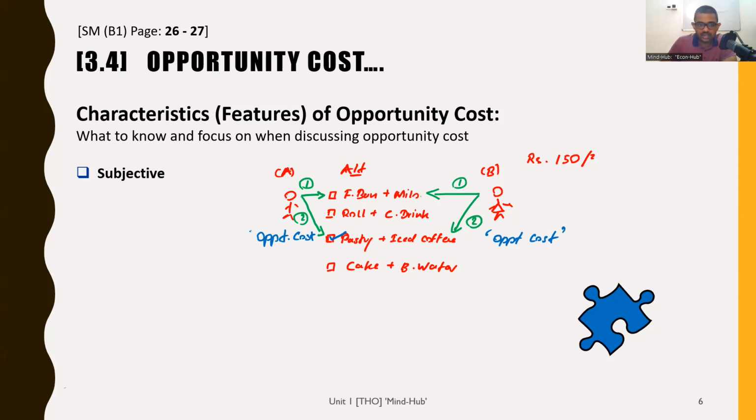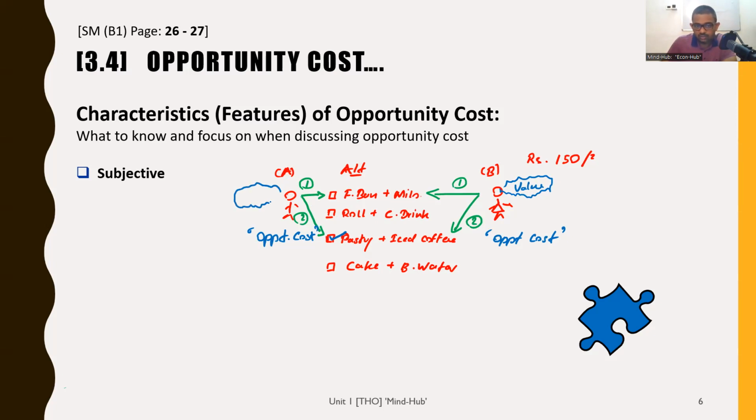Opportunity cost is the value. Remember, we learned it that way? The value of the second best alternative, the value given by A and by B for pastry and iced coffee.